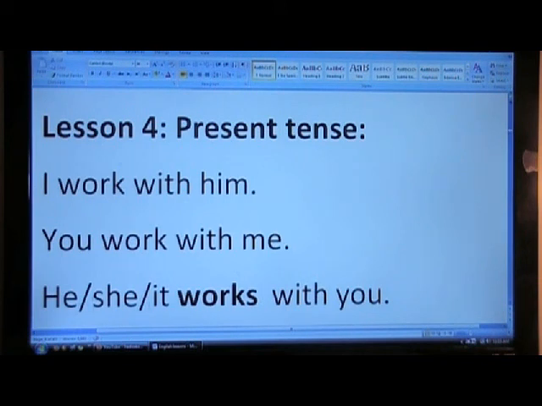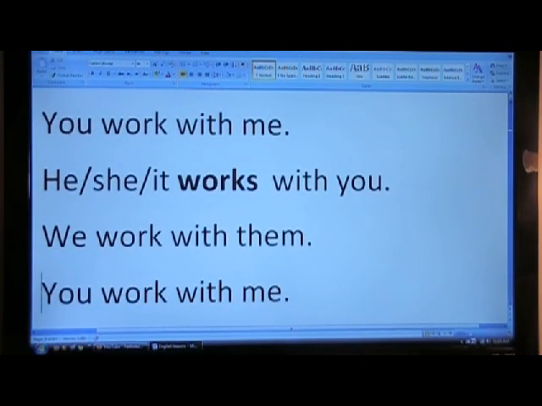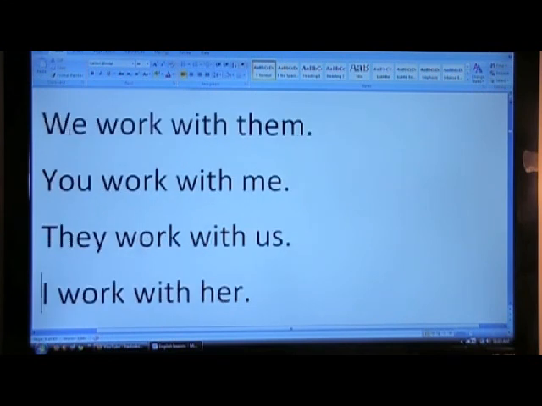Notice that if it is third person, we use S at the end of the verb. He, she, or it works with you. We work with them. You work with me. They work with us. I work with her.